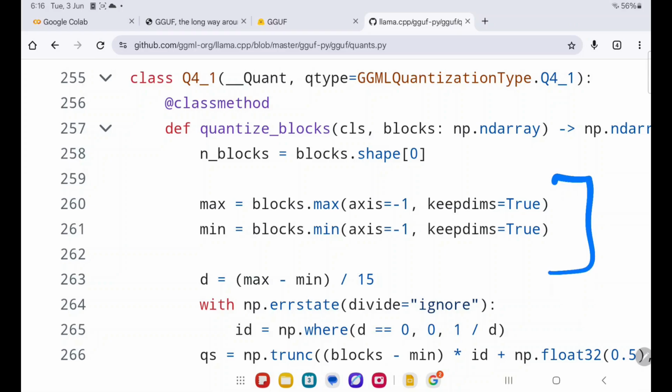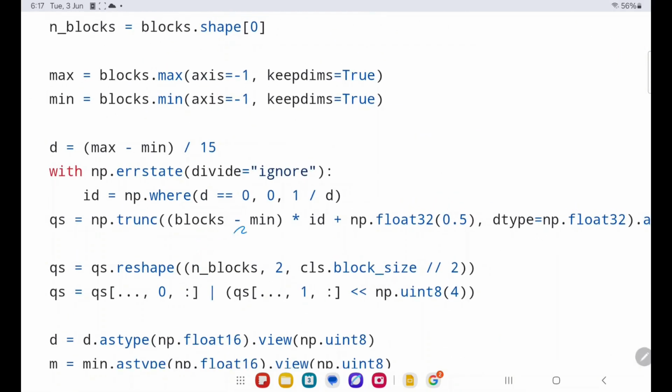So your denominator becomes max minus min divided by 15, which is 2^b minus 1, assuming that the number of bits b is 4 here. Then you take each element in the block minus the minimum, divided by the denominator value, and then you do the rounding function. That is how you calculate the quantized value.